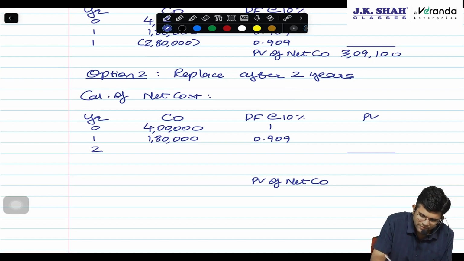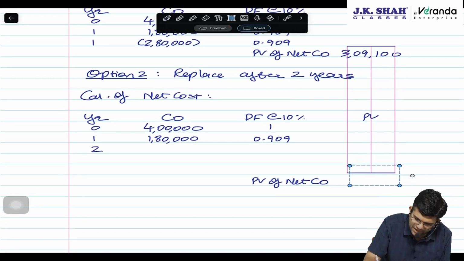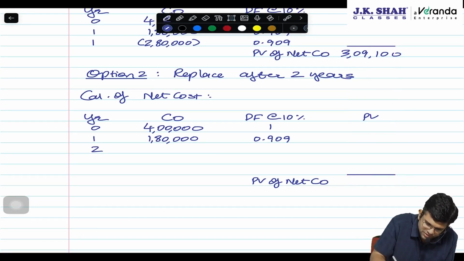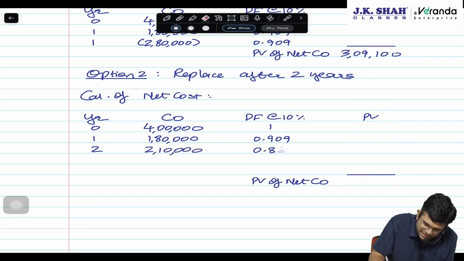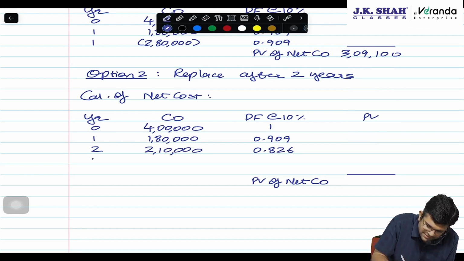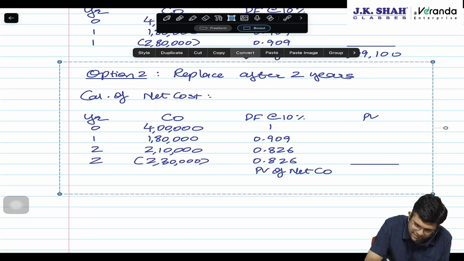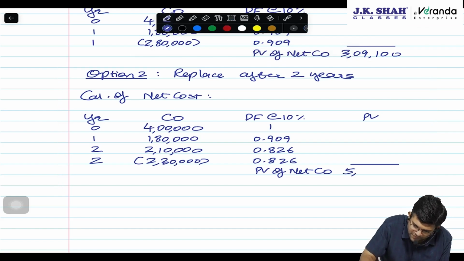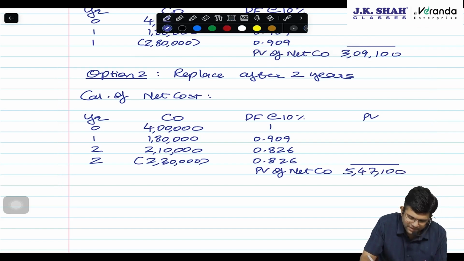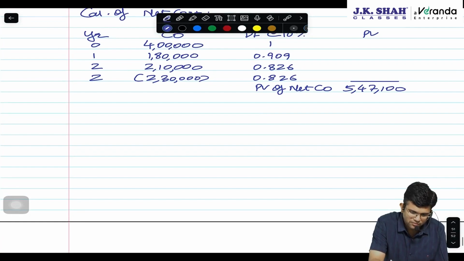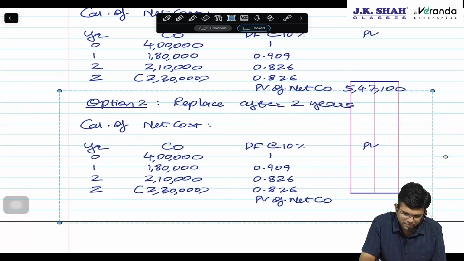Year 2 cost will be how much? 2 lakh 10,000. And then at the end of second year, you will sell it off for how much? 2 lakh 30,000. 0.826. 547,100.